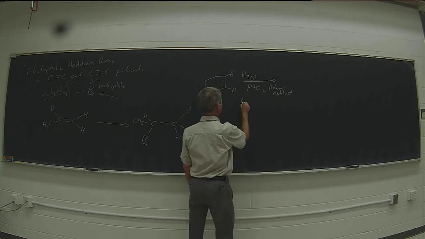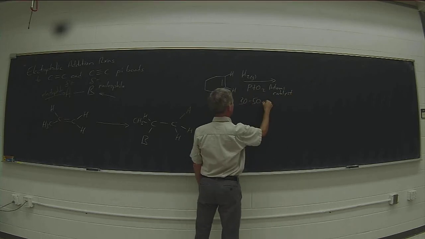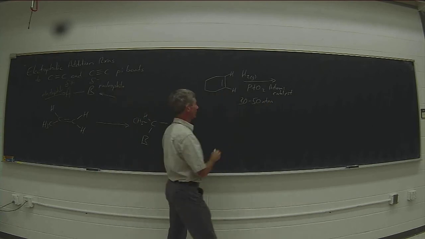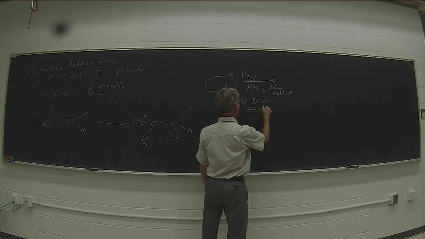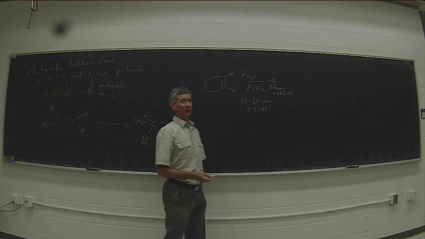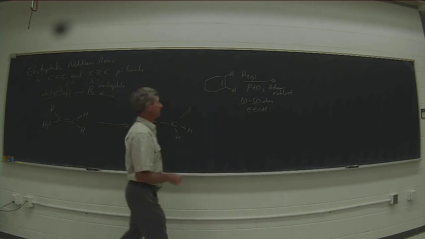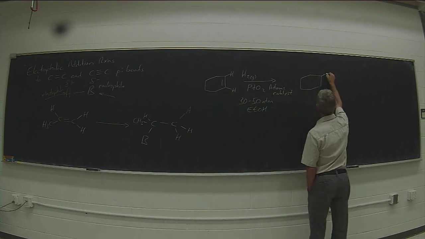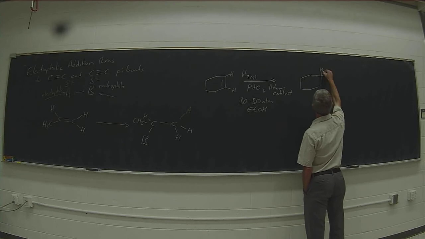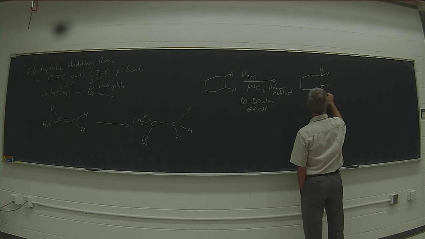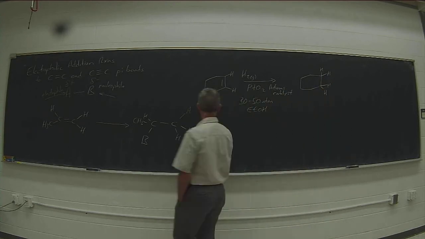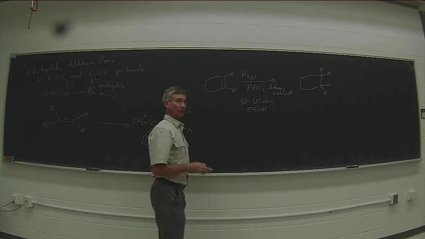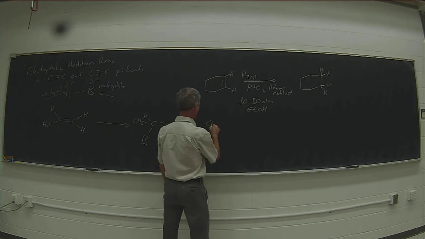And if you do that at increased pressure, to use Le Chatelier's principle to drive it forward, generally in an alcohol solvent, sometimes with heat, but often without heat, you can succeed in reducing the alkene to an alkane.